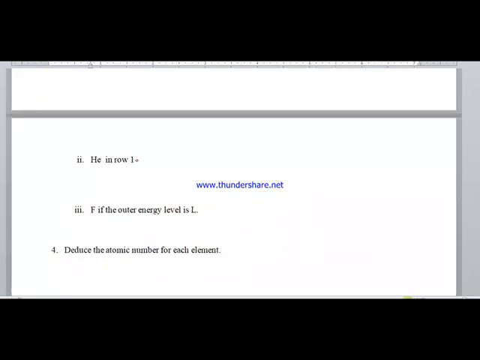Okay, for helium in row 1, this means it has only 1 energy level, and since it has 2 valence electrons, in the first energy level we have only 2 electrons.